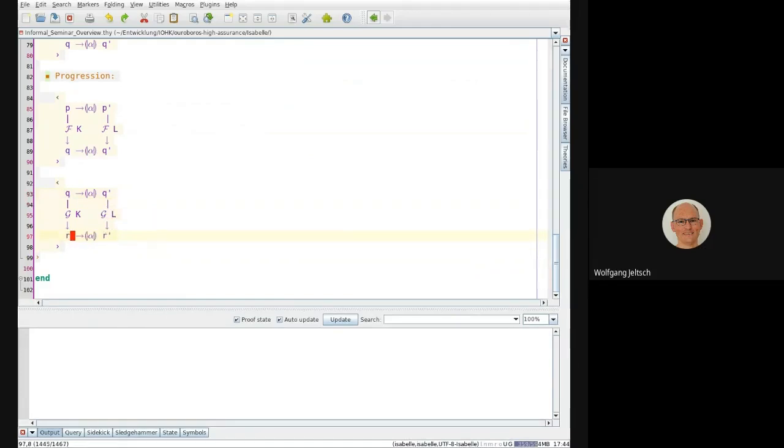You see the correspondence. So from a P step, we can conclude that there's a corresponding Q step. And from a Q step, we can conclude that there's a corresponding R step. So if now P is related with Q by this FK and Q with R by the GK, then we want to have also the situation that if you make a P step, we can come up with an R step, so that we are again in the situation that P prime and R prime are in this relation FL composed with GL.